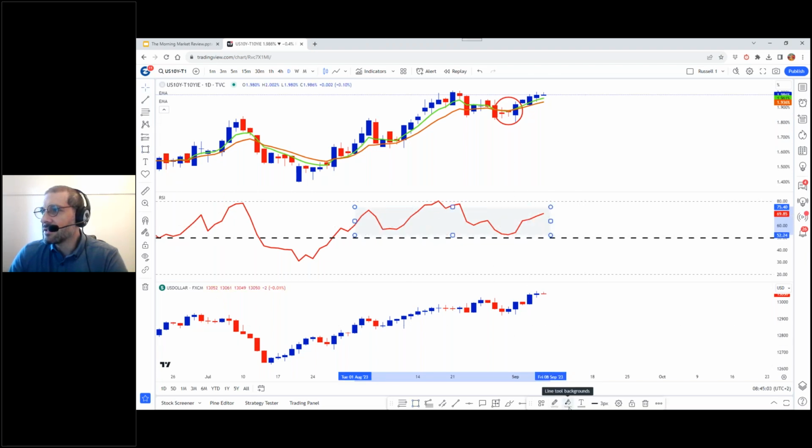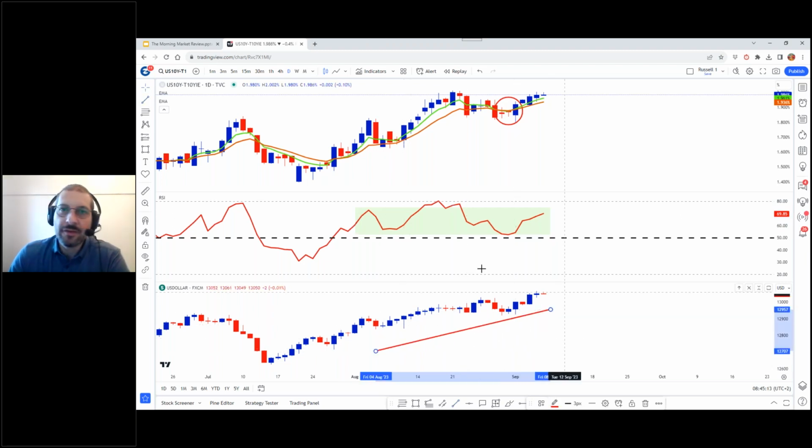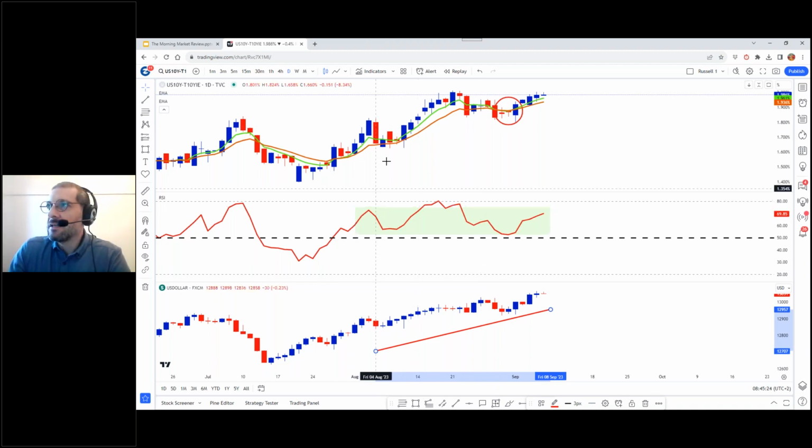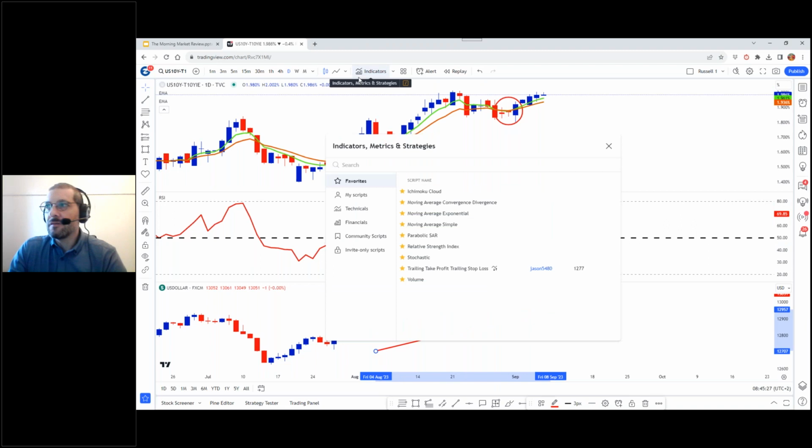Let me just make this that color. And then what is happening is that the US dollar is being pulled up with a real rate. The way that we can measure that is we're just going to throw in a correlation coefficient between the real rate and the US dollar. So go through to indicators and just choose correlation coefficient.